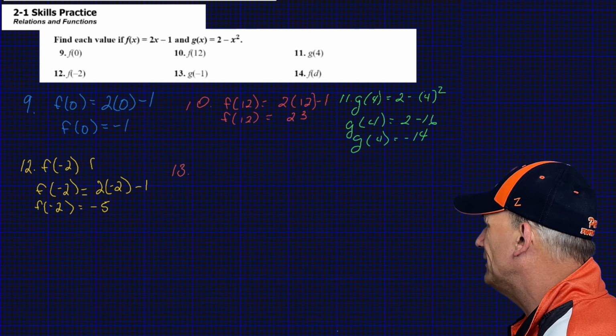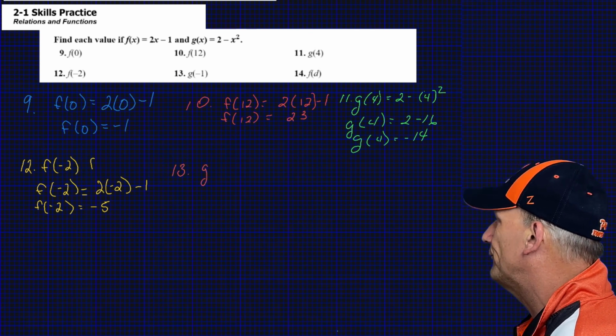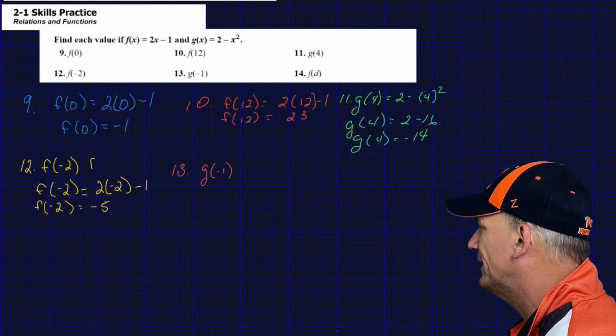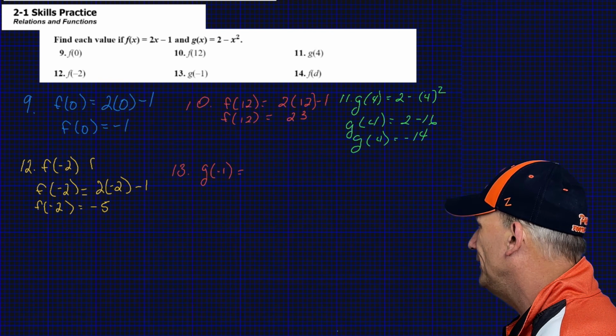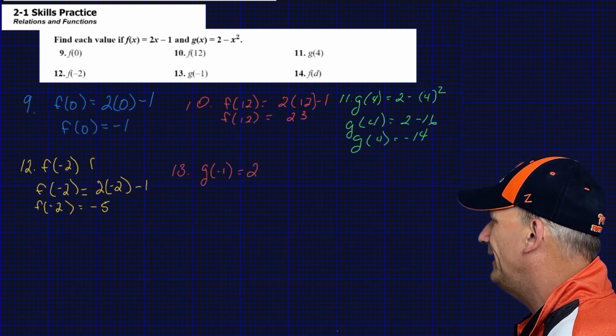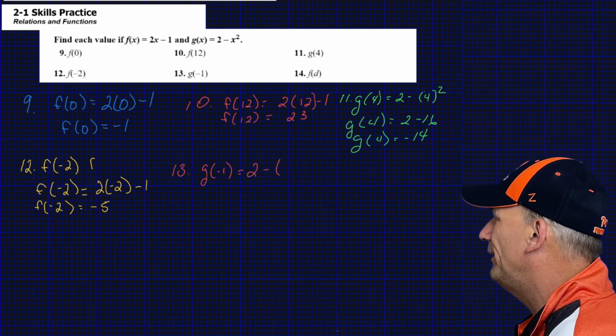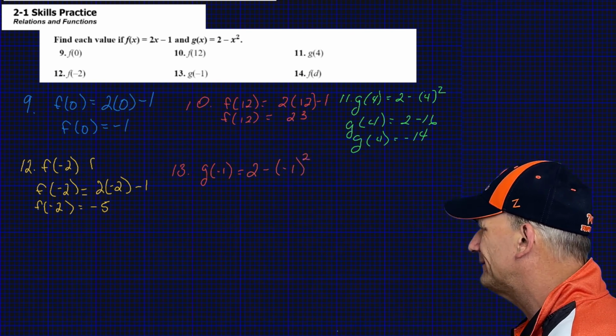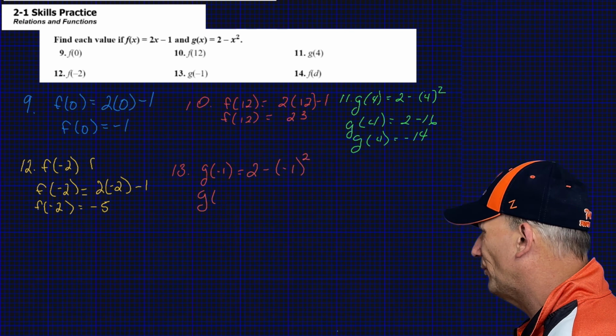Let's look at 13. G of -1. So now we're back to the g of x. We're going to write that out, g of -1, so we know what we're evaluating with. Then 2 minus, and in parentheses, put -1 squared. Okay, so it's minus another -1 squared.